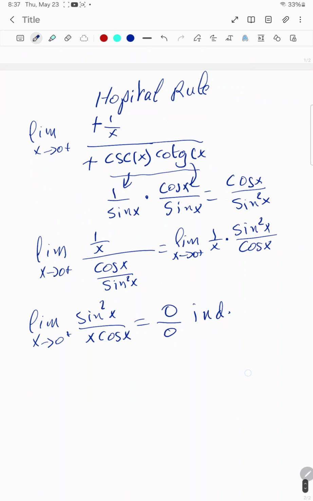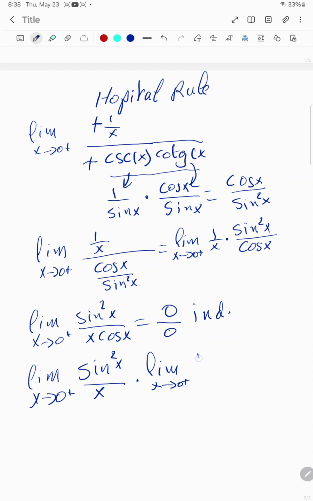Before I apply L'Hopital's rule, let's see if I can simplify my life more. You can do it here, it's the same thing, but I would like to do it in 2 steps. The first is the limit when x goes to 0 plus of sine square of x divided by x, times the limit when x goes to 0 plus of 1 over cosine of x.